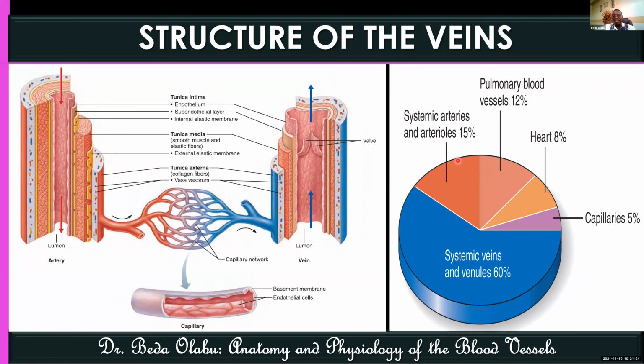Then the rest is in the systemic arteries, pulmonary vasculature, the heart, and capillaries. But systemic veins hold 60 to 70% of blood. Why? Because they have wider lumen, so they are more compliant vessels. They can hold much blood. And so they are a form of blood reservoir in particular.